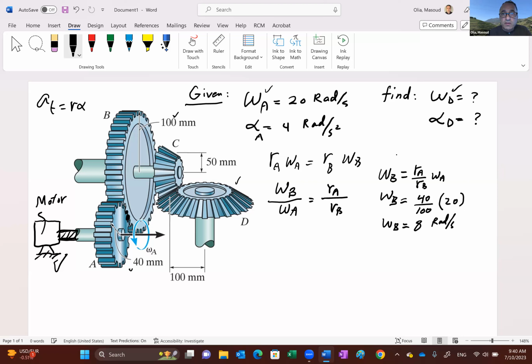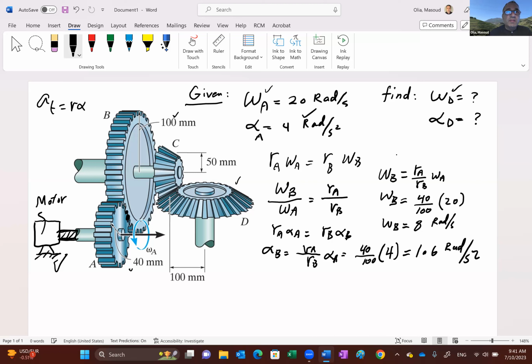So you could say again, RA alpha A equals RB alpha B. So if you want to find alpha B, that would be RA over RB times alpha A. So it's the same ratio again, 40 over 100, and the angular acceleration being 4. So we end up getting 1.6 radians per second squared.